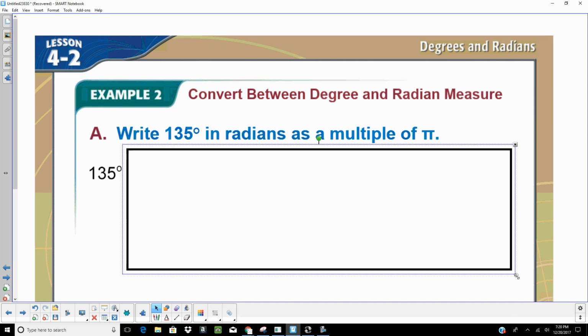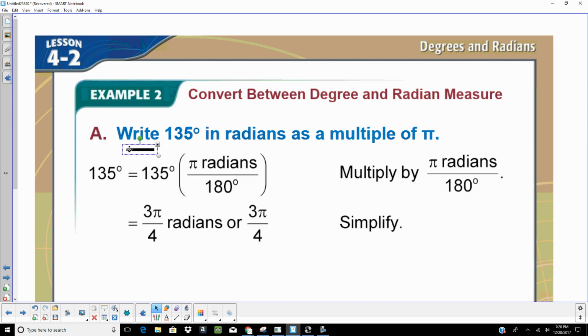This is going to be pretty easy to do. I take that 135 degrees and multiply it by pi over 180. I'm actually going to think of that as 135 over 1. Numerator times numerator, denominator times denominator.